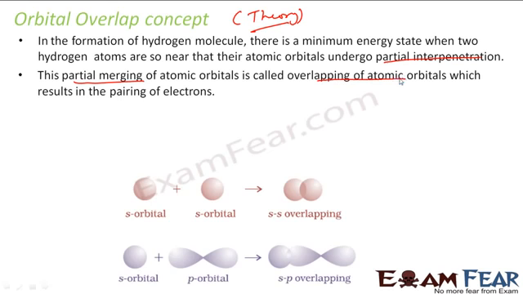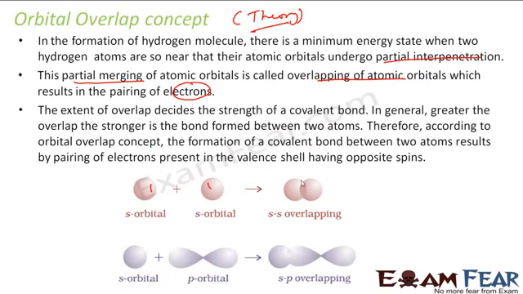This is called overlapping of atomic orbitals, and they say this is the result of electron pairing. So there is one electron here, and they pair up. Right? And the extent of overlap decides the strength of the covalent bond. If the overlap is more, strength is more. If overlap is less, strength is less. Right?